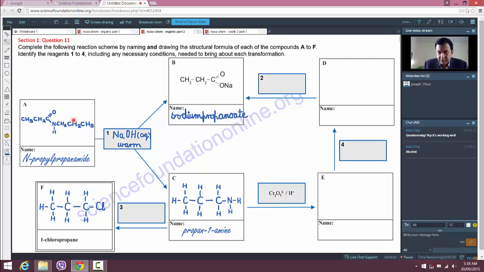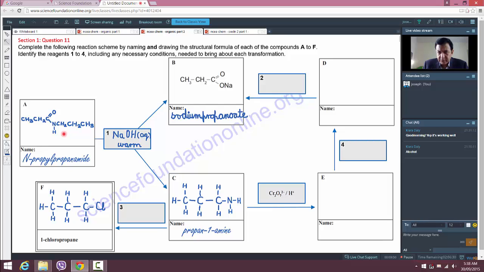So this could even have been N-propyl propanamide, this one here. So that is a possibility that A could have been, but let's see why we can eliminate that as a possibility, why it cannot be the amide.